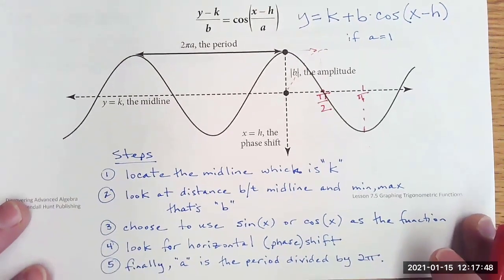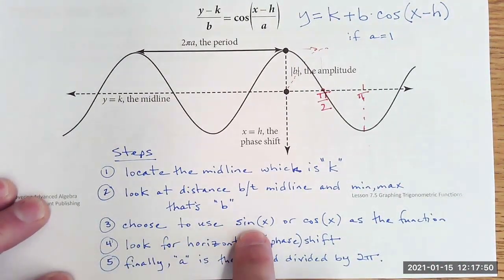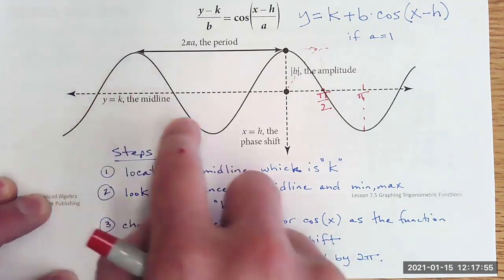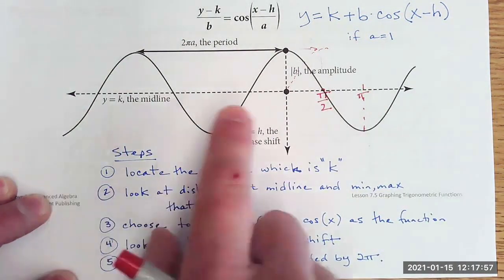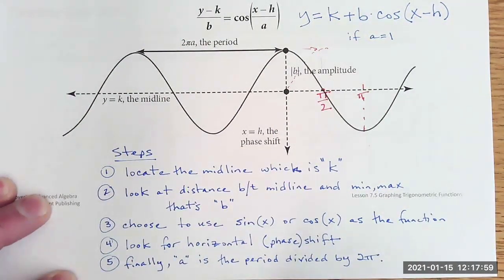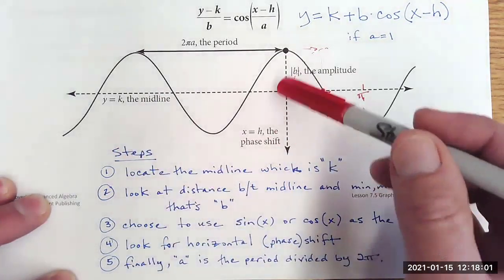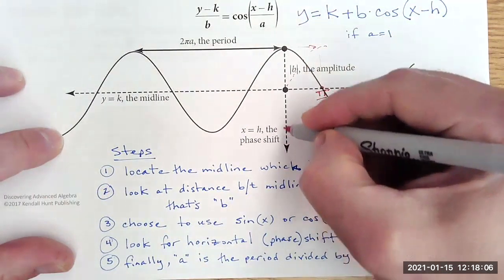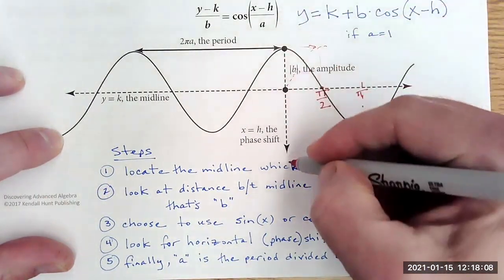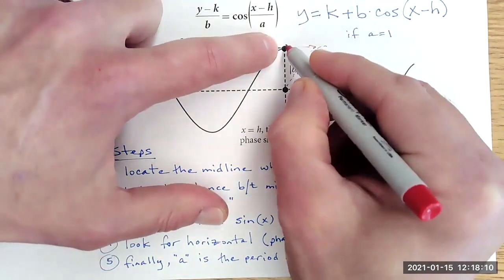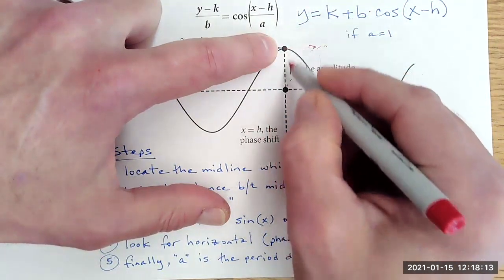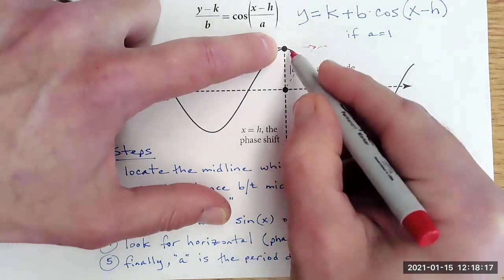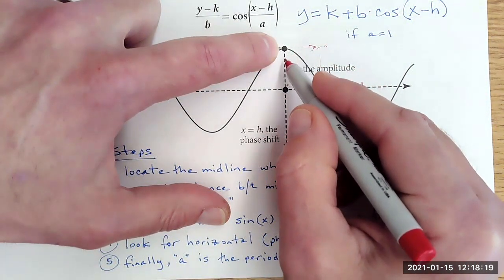Step 3, choose whether or not you want to use sine or cosine as the function. One will be easier than the other, and it will have to do with where you start. If this is the y-axis, and I notice my graph starts somewhere above 0 and it drops, then I'm probably going to go straight to cosine function.